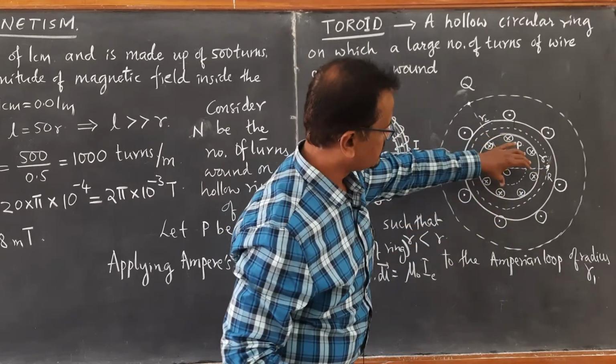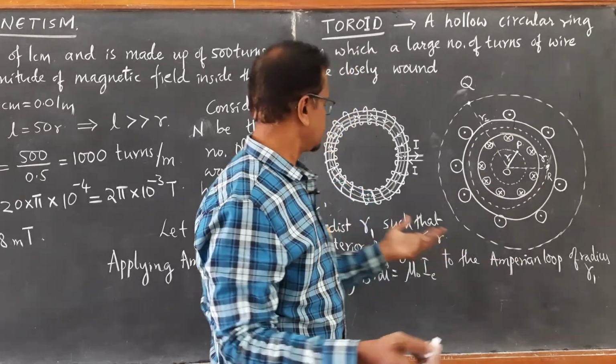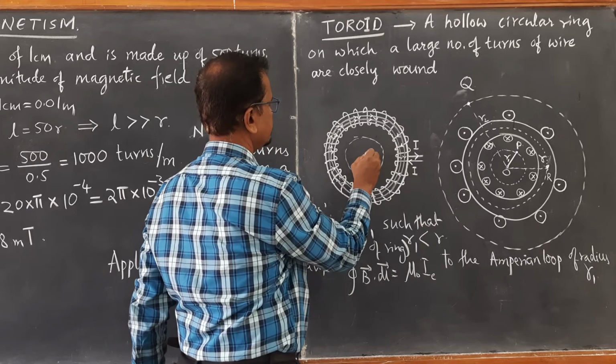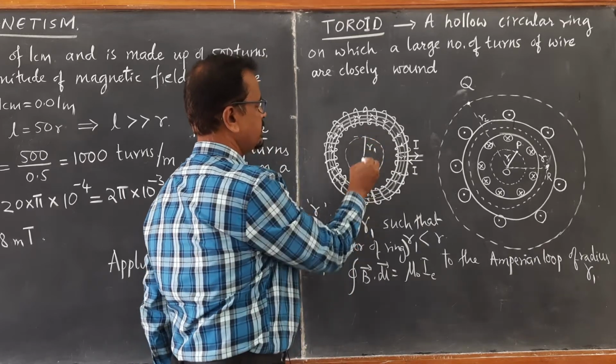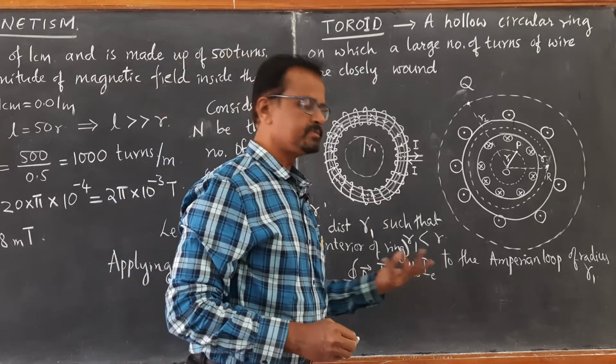If you look at this interior loop, it does not enclose any current at all. So, naturally the right side becomes 0.